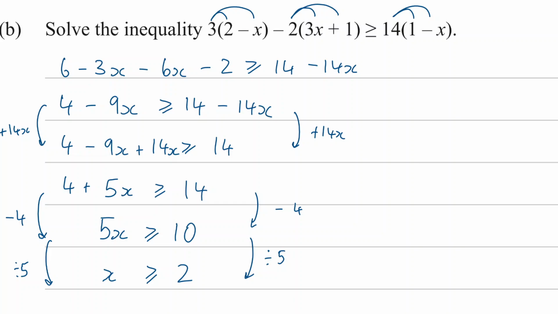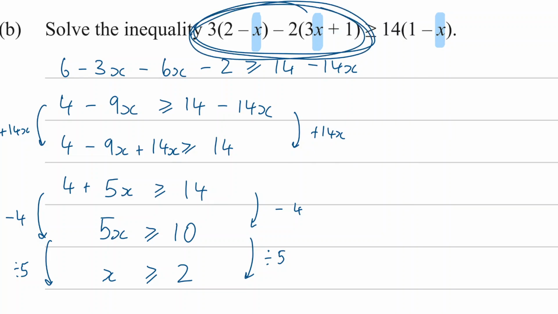So what this says is if we pick any value for x that is 2 or greater, and we plug it in for x up here, this left-hand side, whatever value that becomes, is always greater than or equal to this right-hand side.